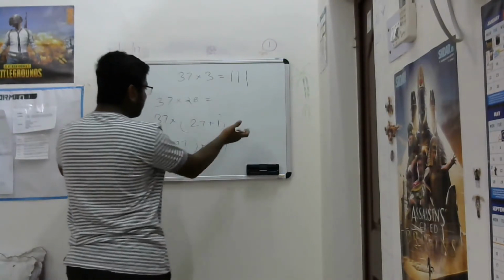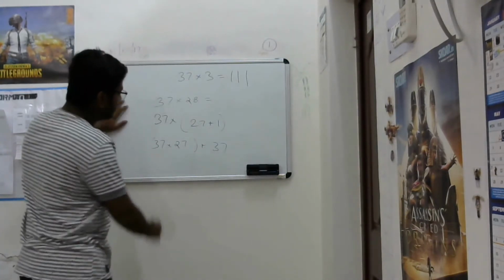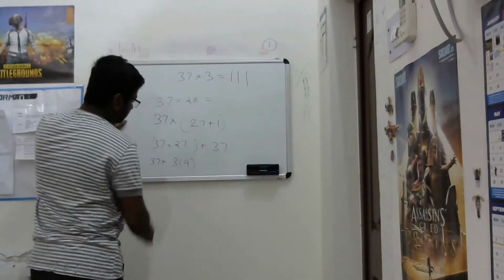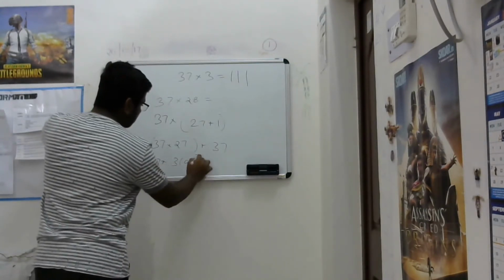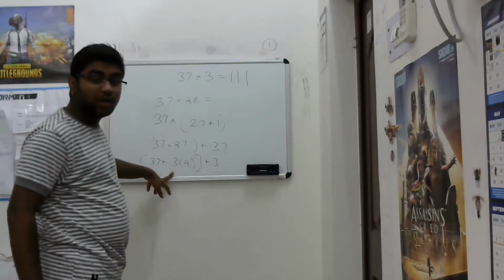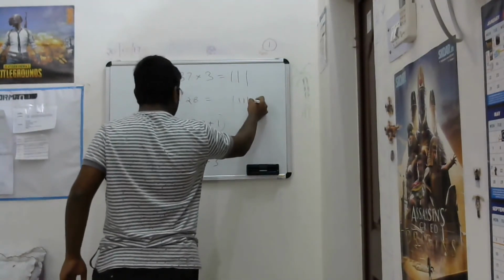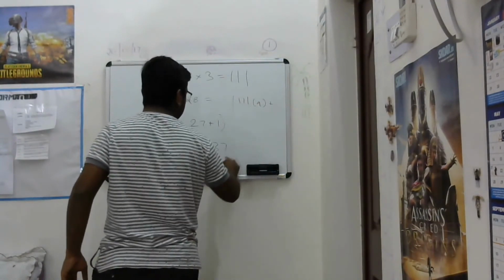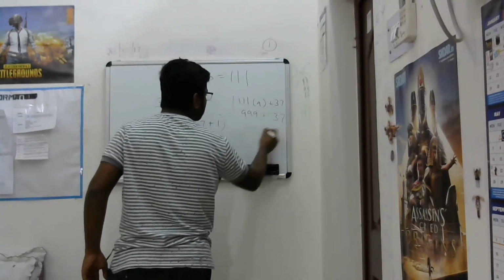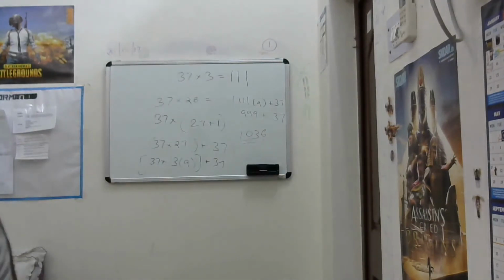I just open the brackets. Now 37 into 27 can be written as 37 into 3 into 9, plus 37. We know that 37 into 3 is 111. So the calculation becomes way easier now. It becomes 111 into 9 plus 37. It becomes 999 plus 37, which brings us to 1036. It's for sure correct.